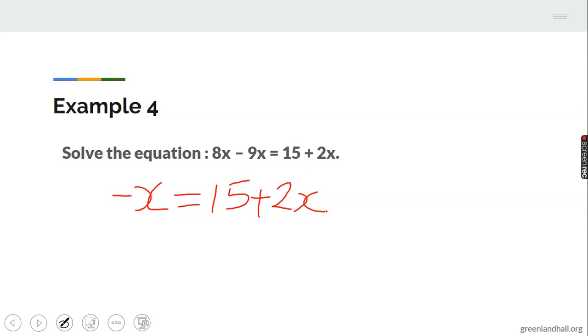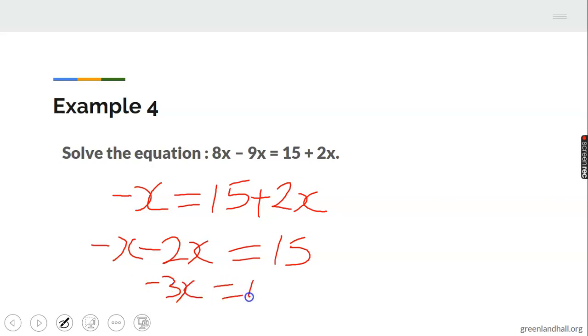But so that you don't get confused, let me transfer 2x to go and meet minus x. Don't forget it's positive 2x. Crossing that bridge it will be minus. That will be 15, and this will give us minus 3x equals 15. So what is x? x equals minus 5.